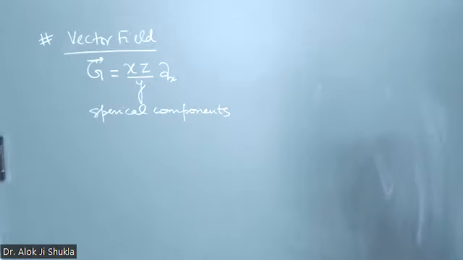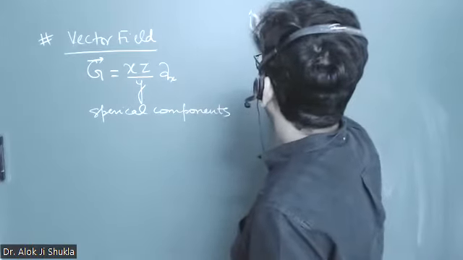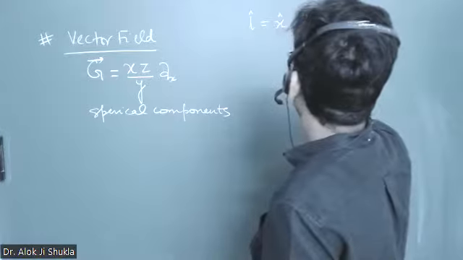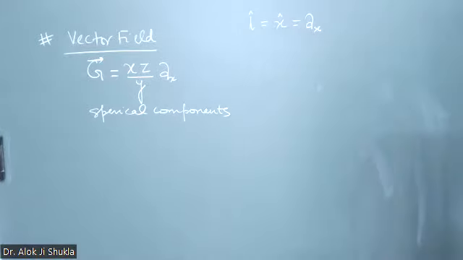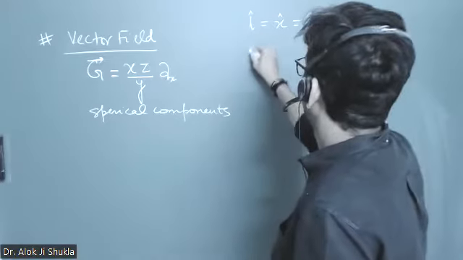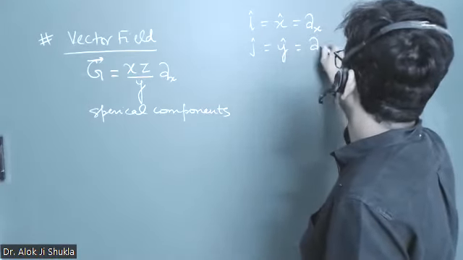So this is a vector field that is given, and you should know that I cap is also written as X cap, is also written as this AX. So sometimes these notations are also used, so you have to be very careful. J cap can also be written as Y cap, can also be written as AY.